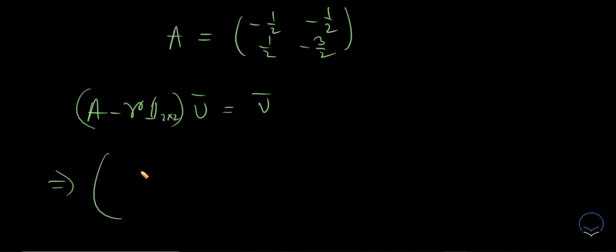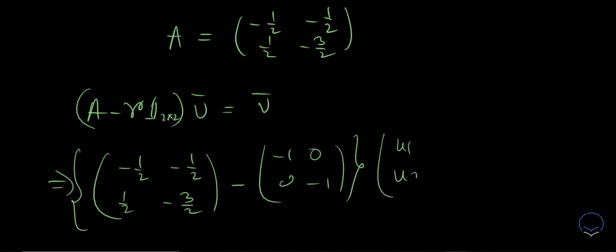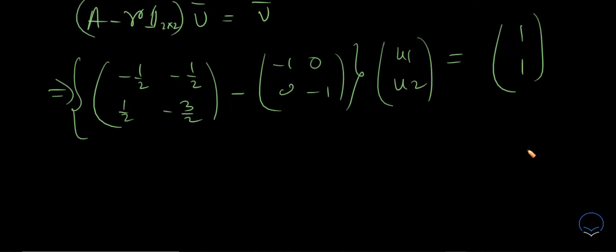And this is just [-1/2, -1/2; 1/2, -3/2] minus, since r itself was minus 1, write minus 1 minus 1 on the diagonal, [0, 0] off the diagonal, this whole thing. And u bar is the thing we want to solve for, so write it as u1 and u2, and v was just (1, 1), right?